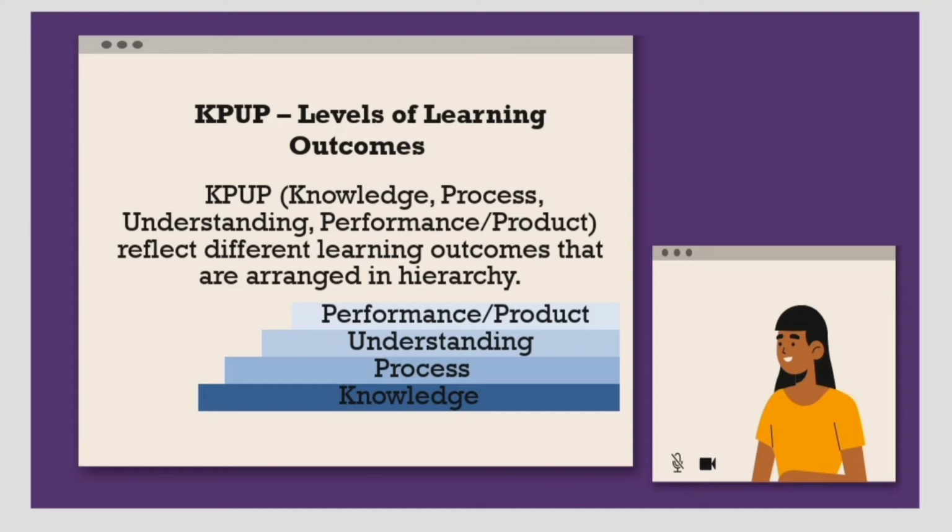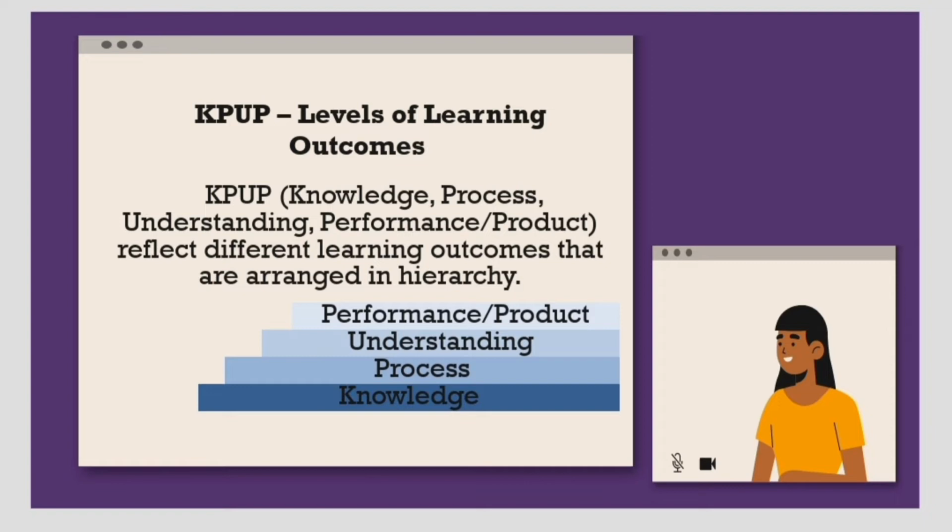So KPUP reflects different learning outcomes that are arranged in hierarchy or complexity based on what I have created in the PowerPoint. So knowledge being the basic level of learning outcomes, and then performance or product being the advanced level of learning outcomes.